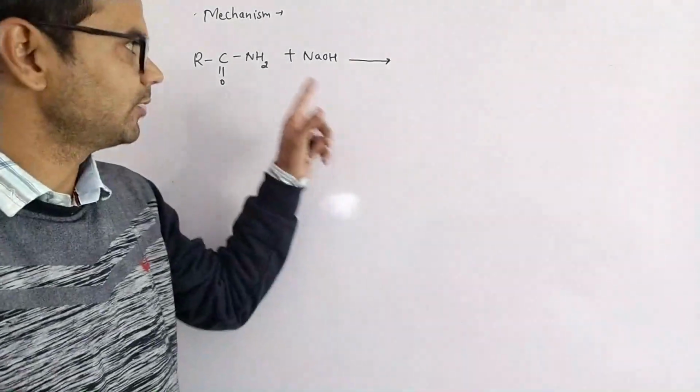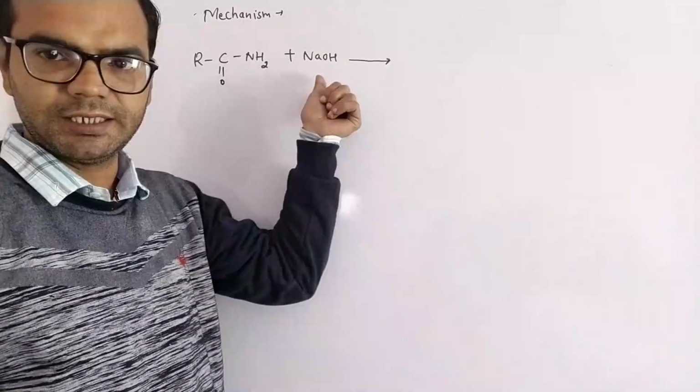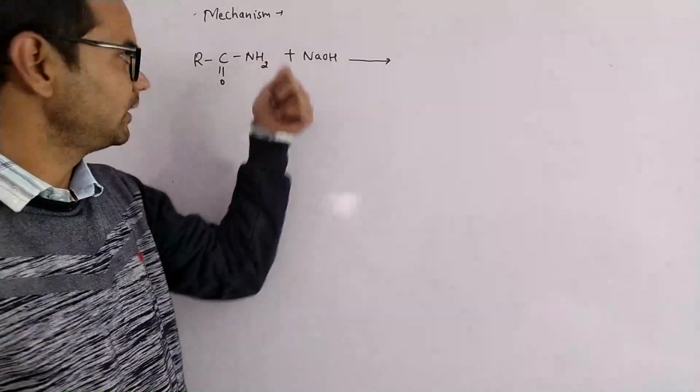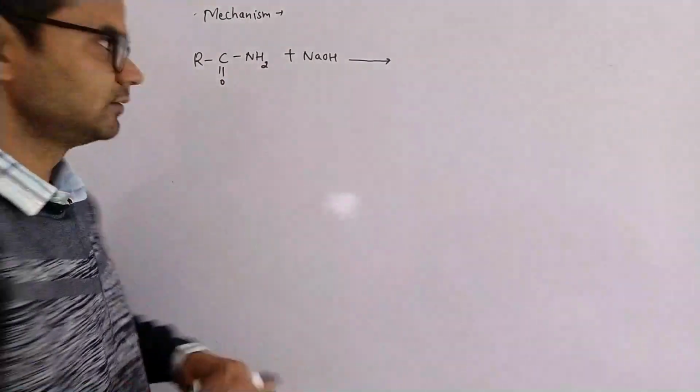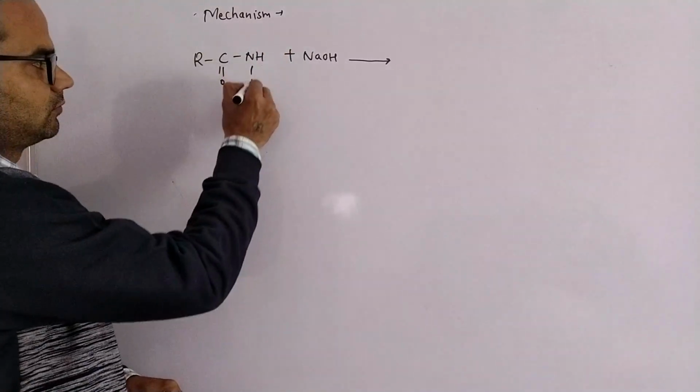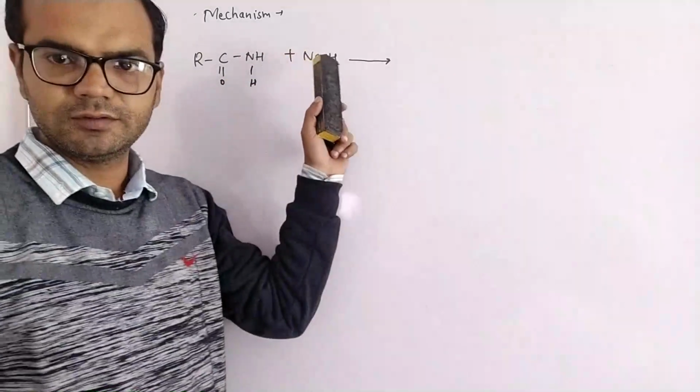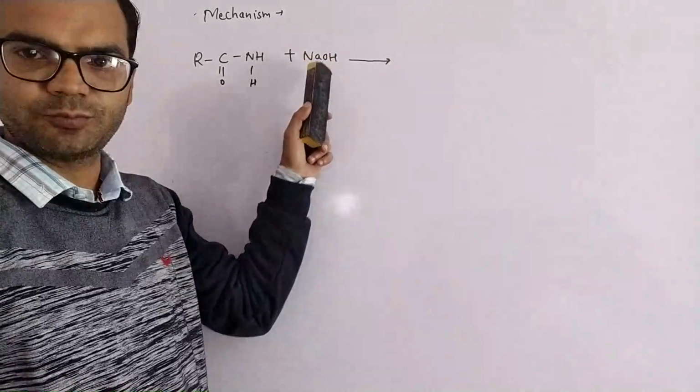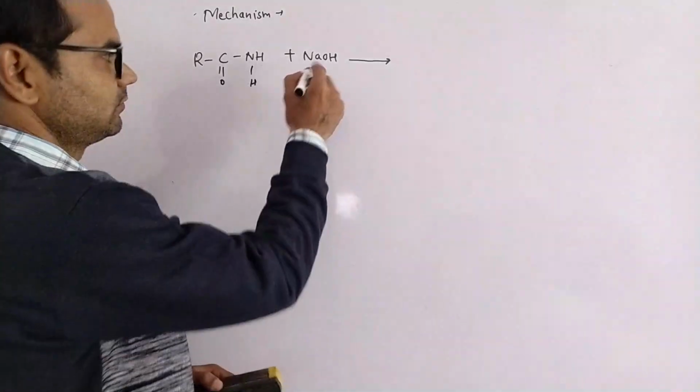The reaction is initiated by the attack of the base on the amide. In the amide, this hydrogen is acidic. The role of the base is to provide hydroxide ions.